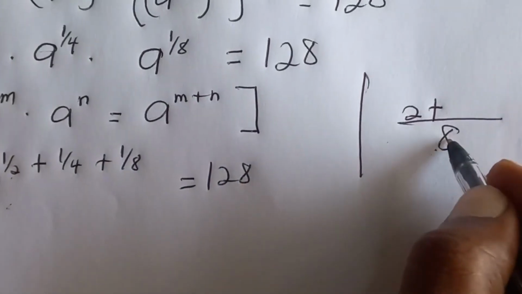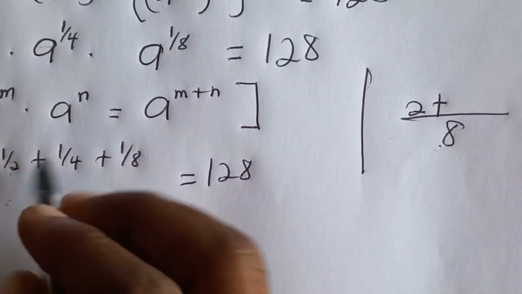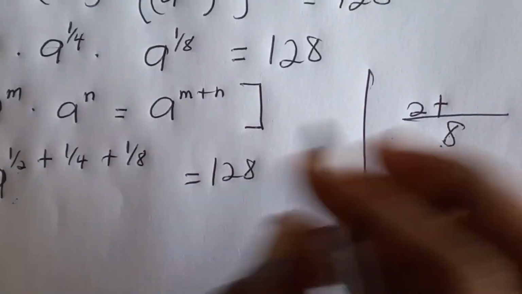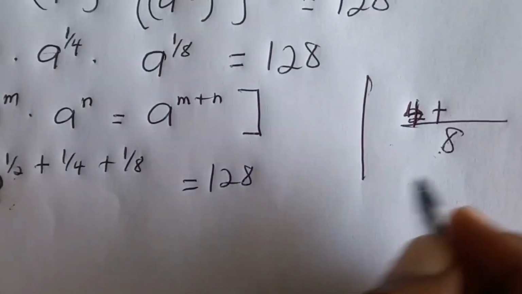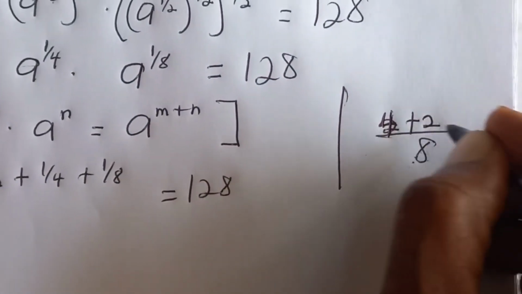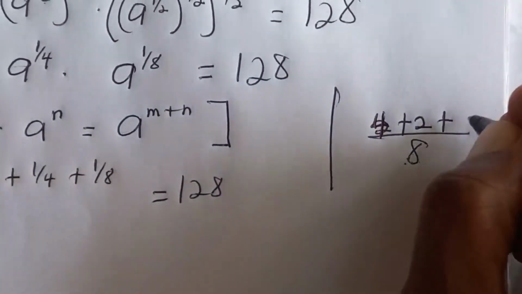Then 4 goes into 8 2 times, so 2 times 1 is 2. Wait, 2 goes into 8 4 times, so 4 times 1 is 4. Then 4 goes into 8 2 times, so 2 times 1 is 2. Plus 8 goes into itself 1 time, 1 times 1 is 1.